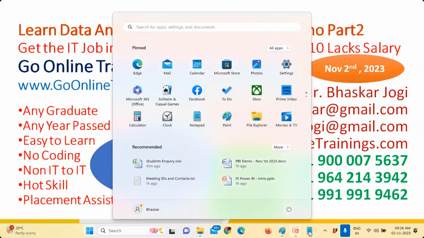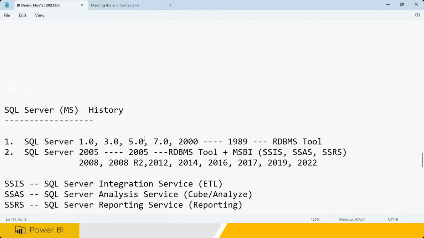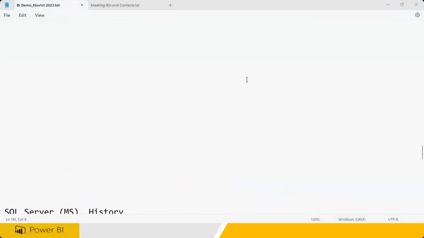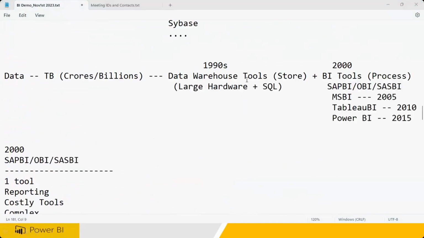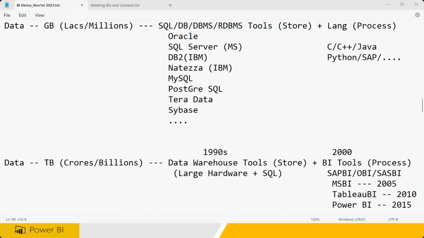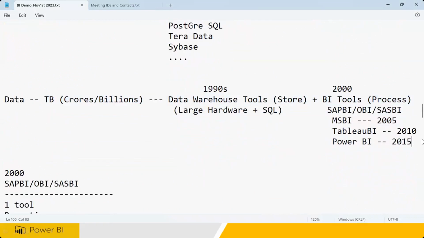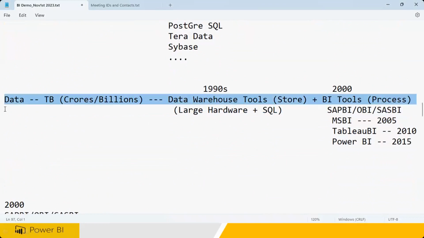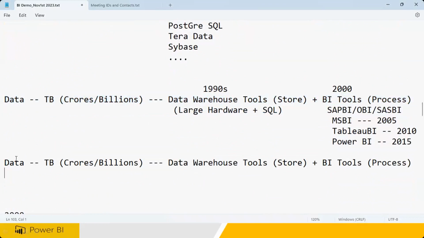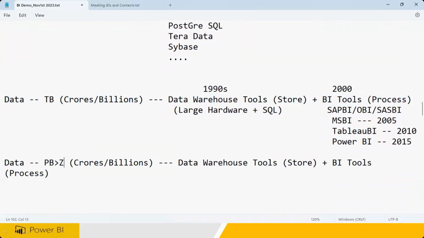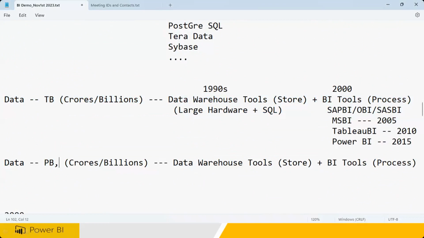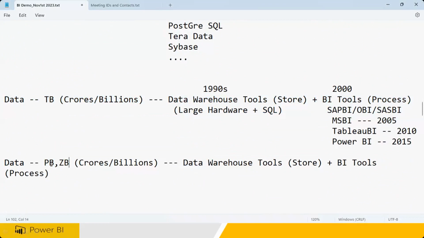Let me conclude one small point here. When you have terabytes of data, these are the software I'm going to be using. But today, the data has crossed beyond this limit. That is called petabyte size, zettabyte, yottabyte. The size is bigger than what we're expecting today.